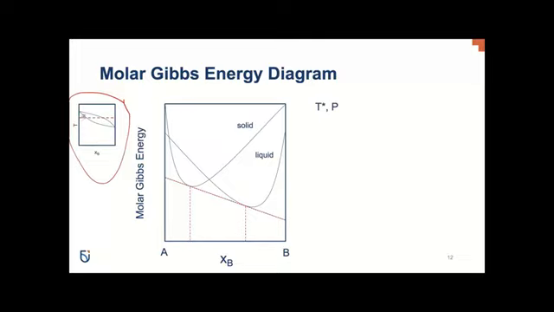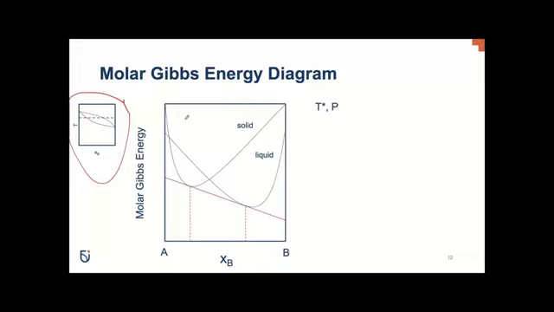Now, let's say we were to look at a particular temperature shown by this red dotted line, and then plot the molar Gibbs energy shown in the middle of the screen of the solid and liquid phases in this particular arbitrary example. One can draw a tangent line between the two phases, as shown in the main figure on slide 12.